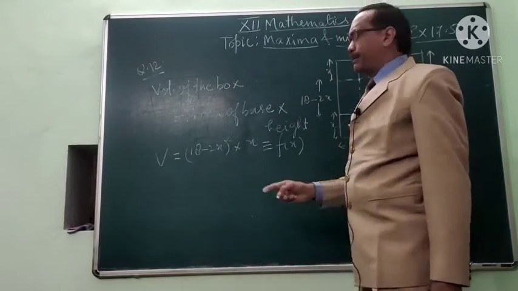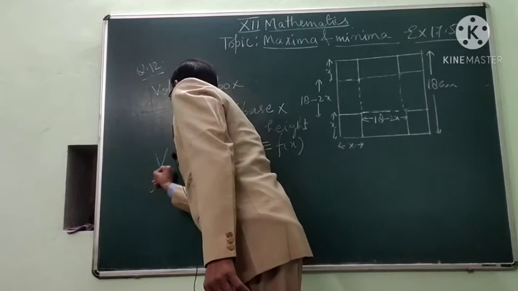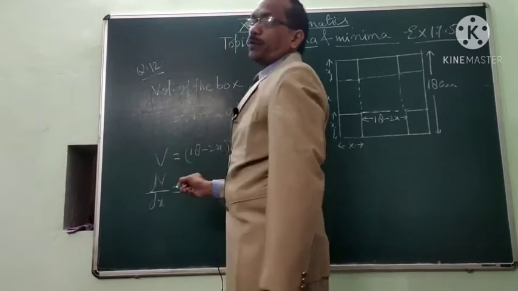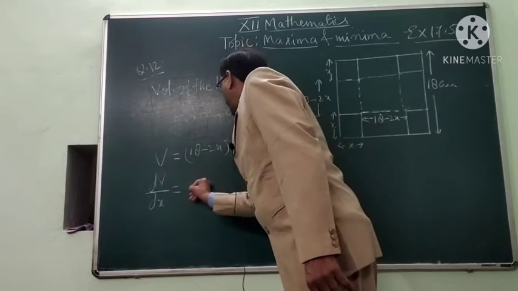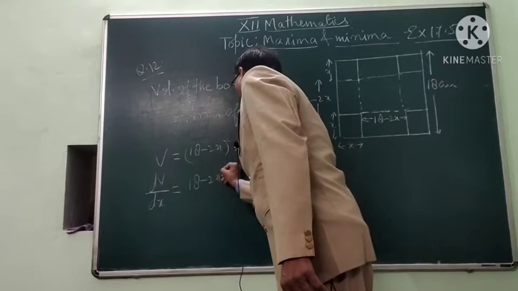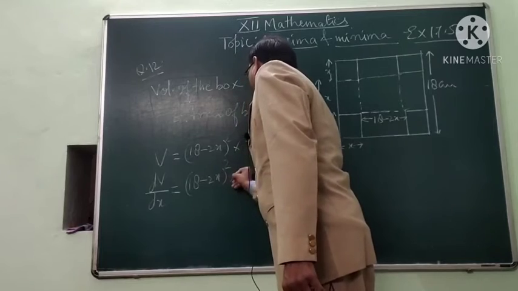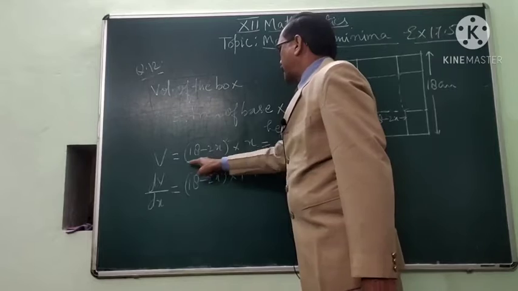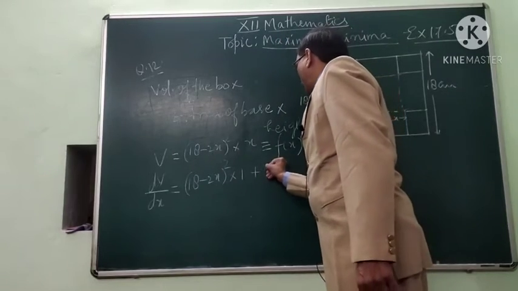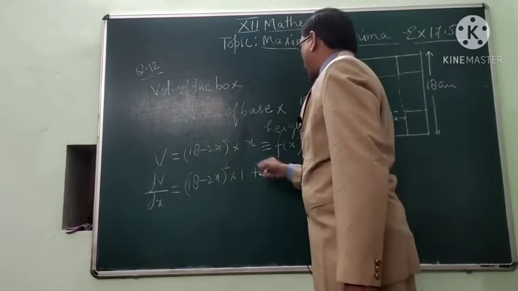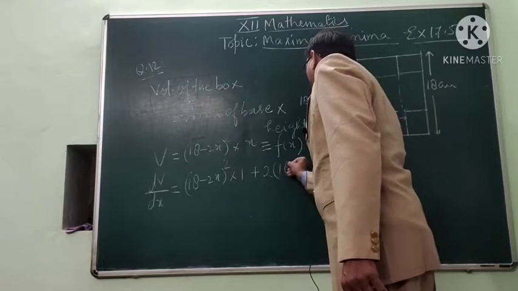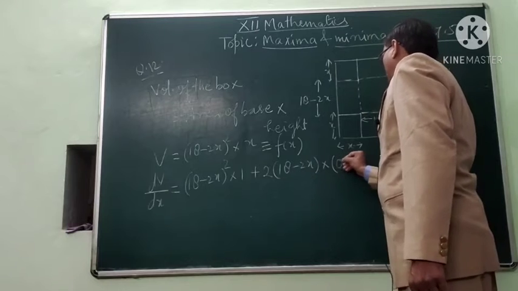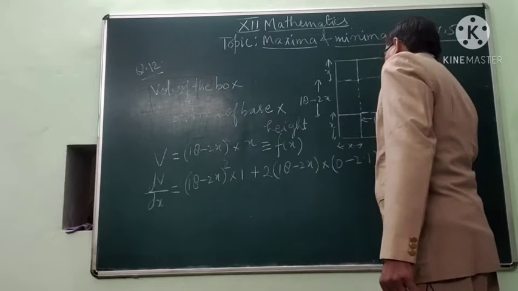To find the maxima and minima, we will differentiate it. dV over dx. Apply the product rule here. So (18 minus 2x) whole square as it is, derivative of x is 1, plus, now we will differentiate this part. You apply the chain rule. It is like t square is 2t. So 2 into (18 minus 2x) into derivative of 18 minus 2x, which is 0 minus 2, into x.